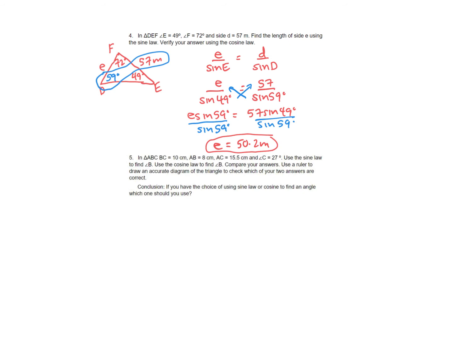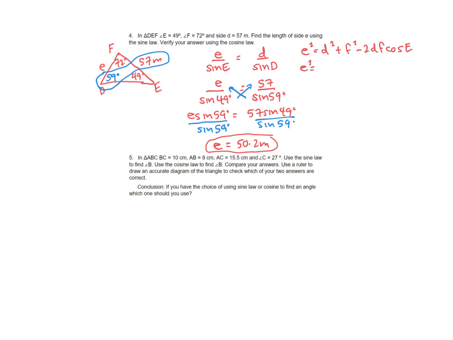So I could use the cosine law looking for side E. So when you use the cosine law, let's just go back. So if I'm looking for side E, I would do E squared. It would be the other two sides squared, so that would be D and F, minus 2 times D and F, and then cosine of the angle of that same letter, so cosine E. So let's fill in.